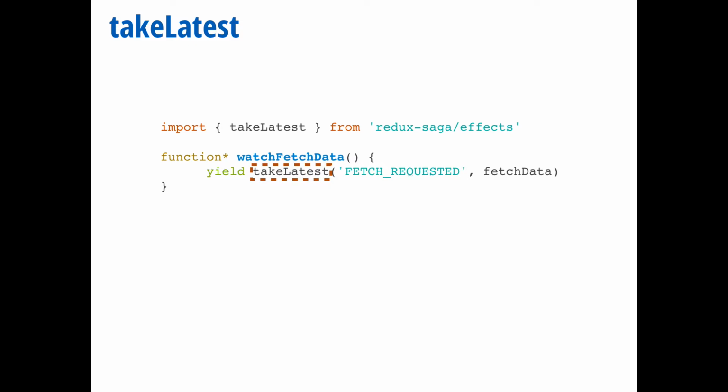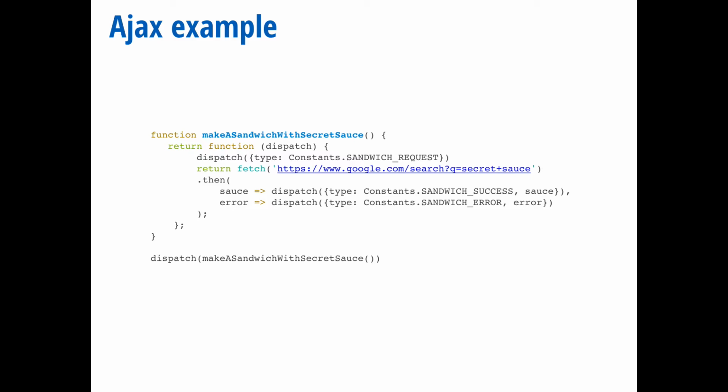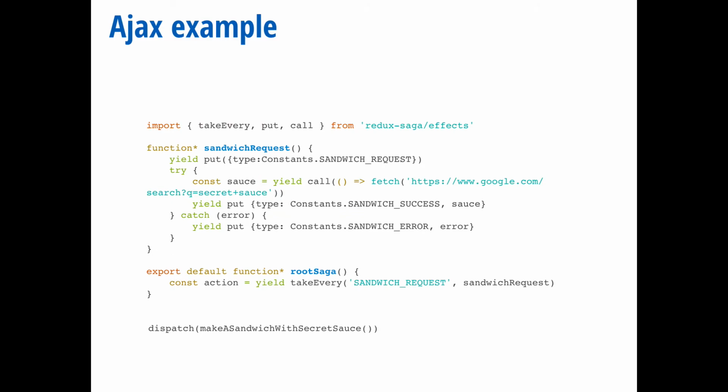Can you go back for a second? In the last line, you don't have this method. Shouldn't this be sandwich request? Sorry, this one? Yes, the make a sandwich. Yeah, this is from the view. This is totally separated, but we can call this method from the view, say dispatch this action. In this case we can do the same, but this is in the view, in a separate file. But from the view, you are calling sandwich request now, or not?